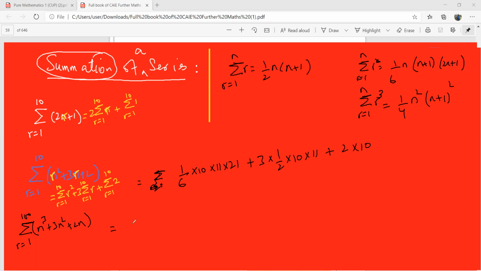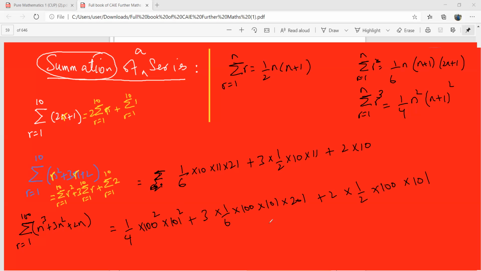Okay, so this would be 1 over 4 into 100 square into 101 square, plus 3 into 1 over 6 into 100 into 101 into 201, and finally plus 2 into 1 over 2 into 100 into 101.